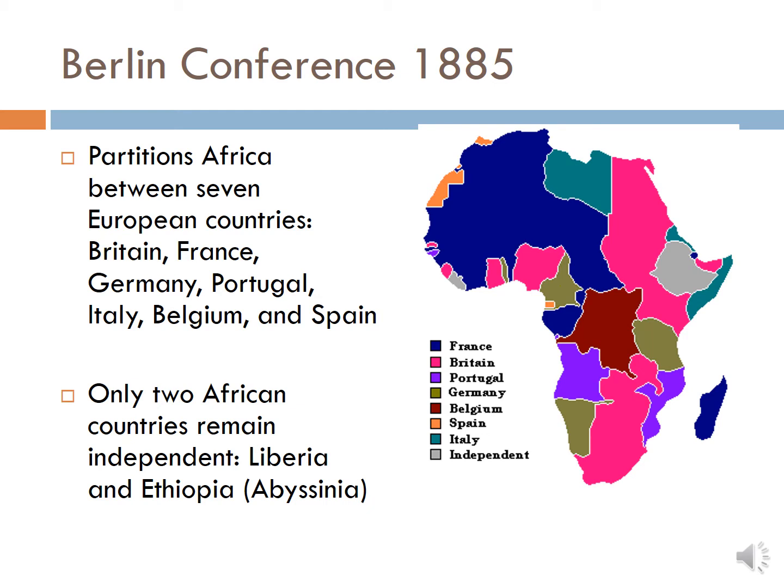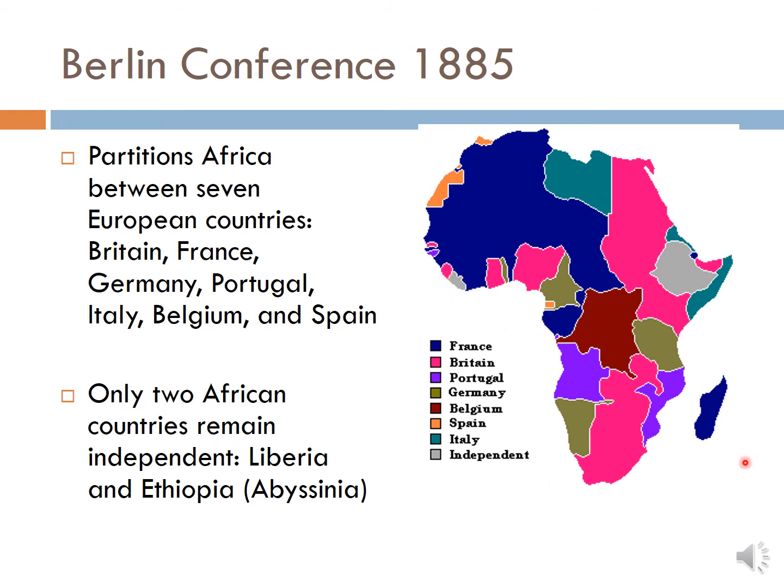The countries that divided up Africa were Britain, France, Germany, Portugal, Italy, Belgium, and Spain. You can see by the map that basically every single African nation has been claimed by a European power, with the exception of only 2. One is right here, Ethiopia, and the other is right here, Liberia.